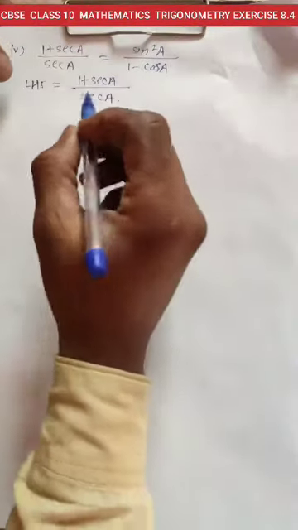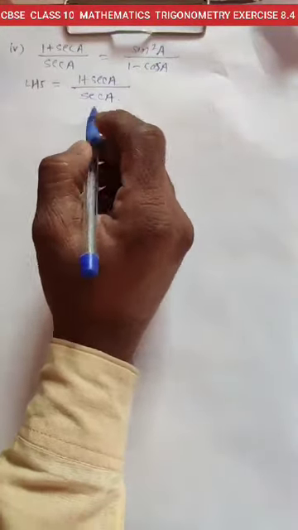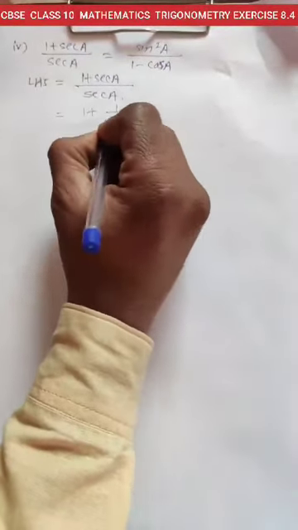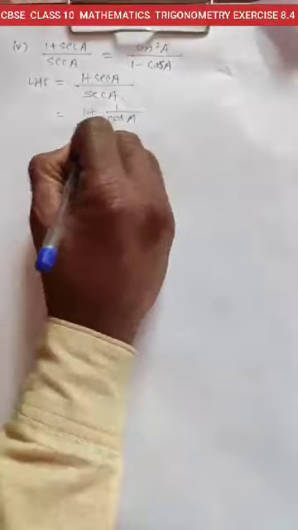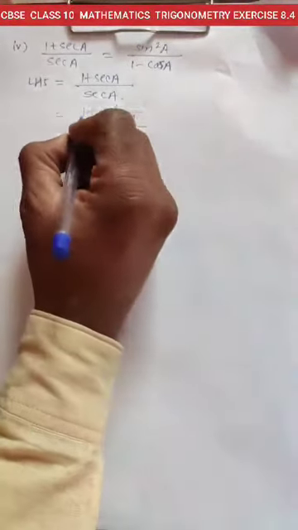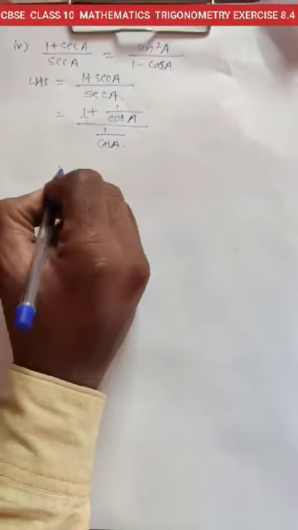Okay, so the LHS is 1 plus sec a upon sec a. Simply write it in basic form: sec is 1 upon cos a.